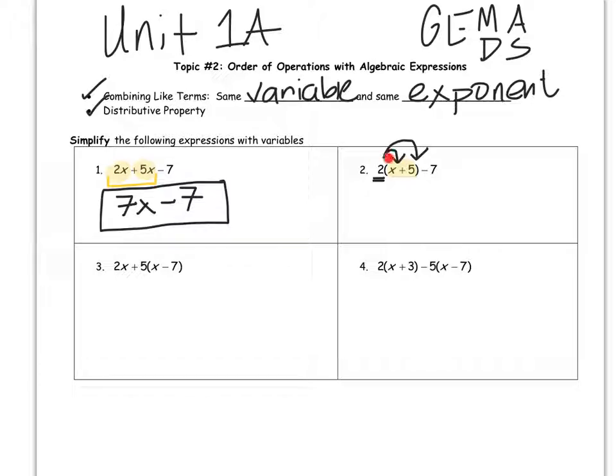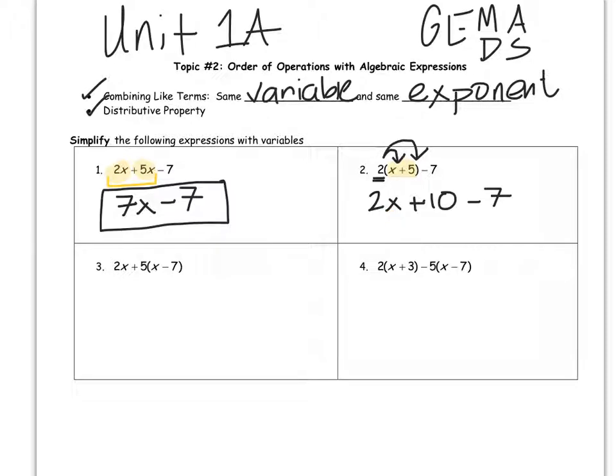So if we distribute it, we would do this. 2 times x, and we'll get 2x. And then we'll do 2 times 5, and we'll get 10. I'm going to keep that symbol the same, plus 10. And then don't forget about at the end, we have that minus 7. So I have minus 7 at the end. Alright, so now I'm going to look at my problem. I see addition right here, but these are not like terms, so I can't combine them.